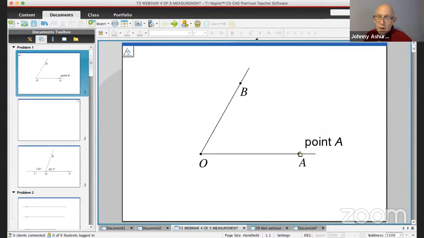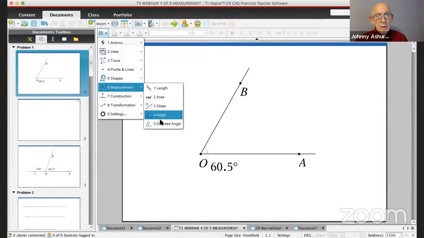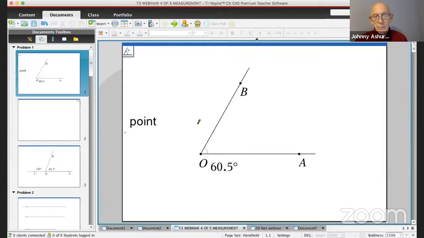And I'm going to click on A, O, and B. And I've measured the angle AOB. At the same time, I'm going to measure one more time and use directed angle.